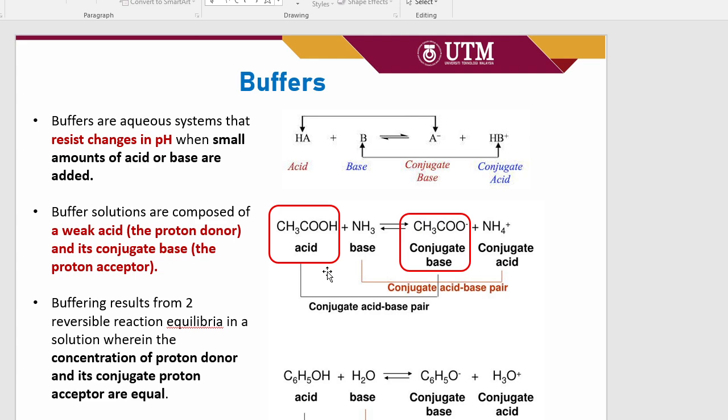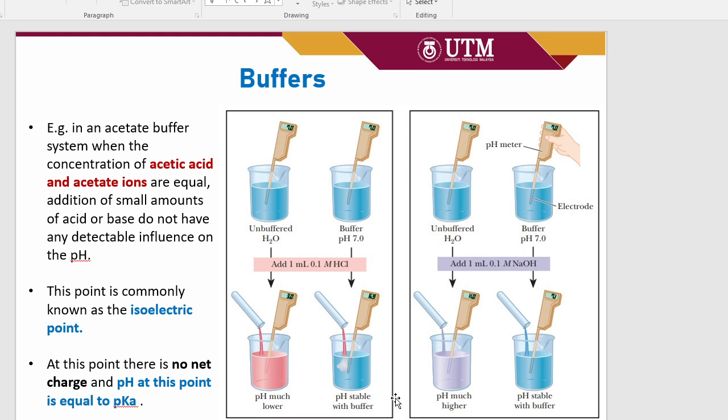This transfer of protons makes it resist the change of pH. Buffering results from reversible reaction equilibria in the solution, and the concentrations of the proton donor and its conjugate proton acceptor are equal. Usually, as I told you, the reaction is reversible in a buffer solution.